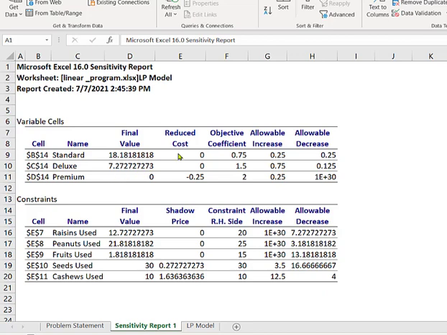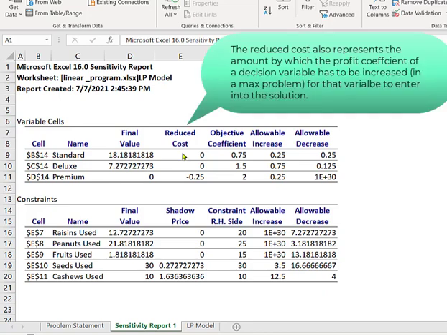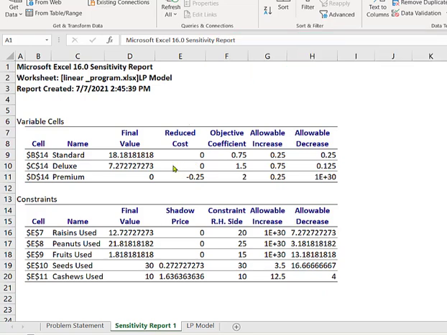The reduced cost shows the change in the objective function value as a result of 1 unit change in the value of that decision variable. Obviously, we are producing both standard and deluxe, so they have 0 reduced cost. However, we are not producing premium, and if we were to produce 1 more unit of premium, our total objective function would be reduced by 25 cents.